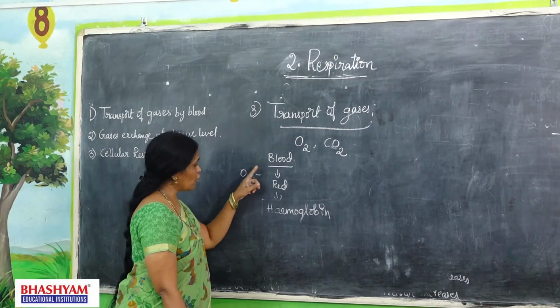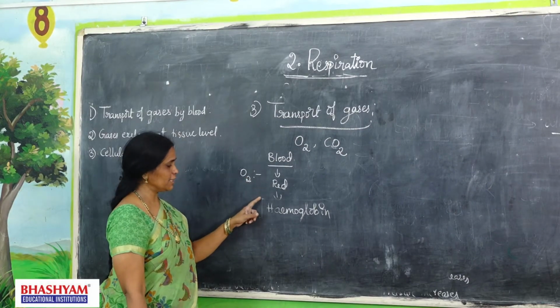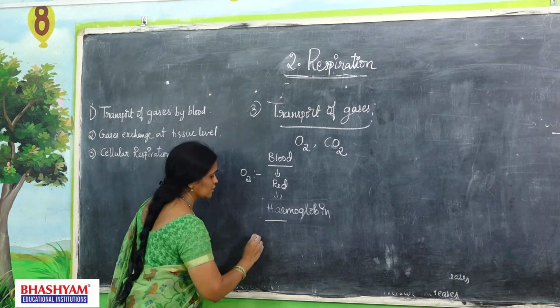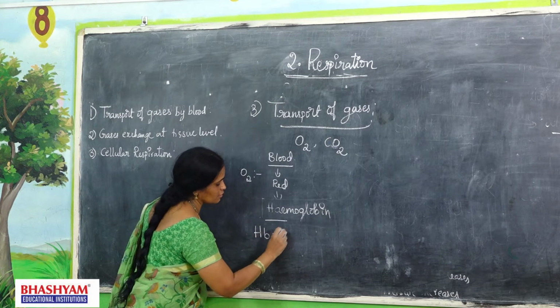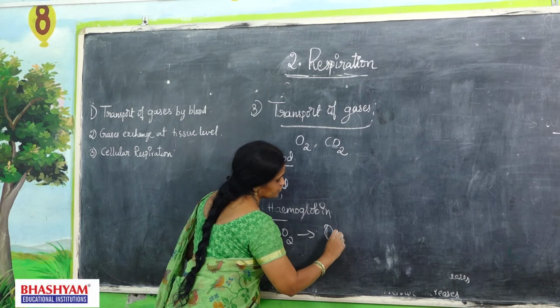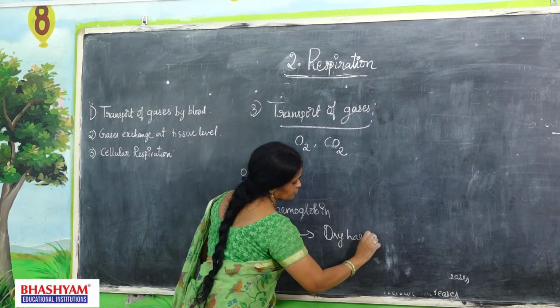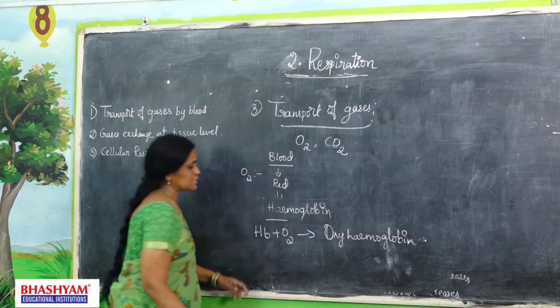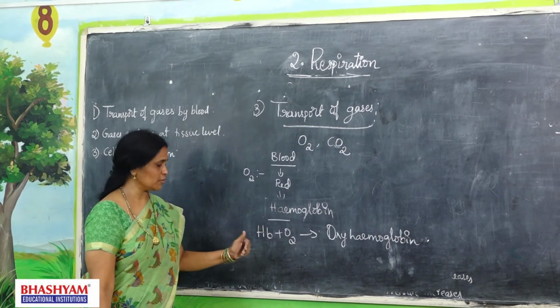So when oxygen is released into blood, immediately it is collected by what? It is collected by hemoglobin and results in the formation of oxyhemoglobin.